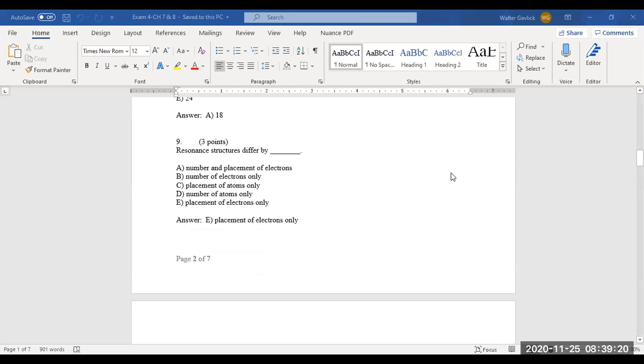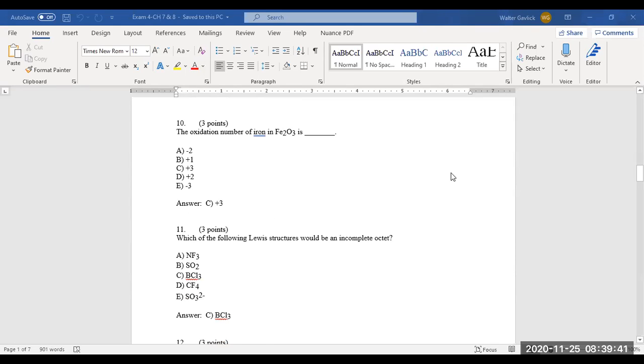Number 9, resonance structures differ by, the answer is placement of electrons only. The example we talked about in class and also looked at in the lab was benzene. If you think of benzene, you think of those electrons being shared in the ring. Number 10, the oxidation number for iron in Fe2O3 is +3.